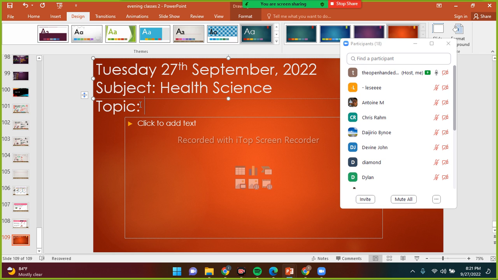Levels of organization in the human body.